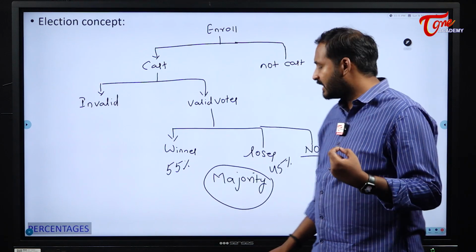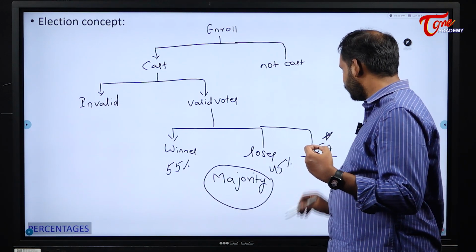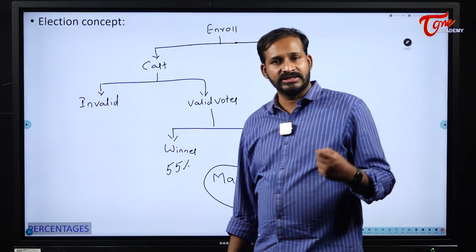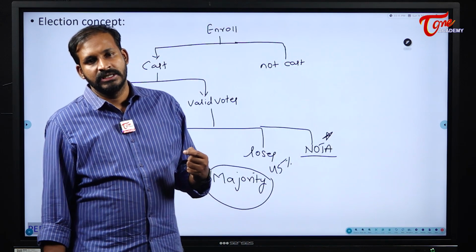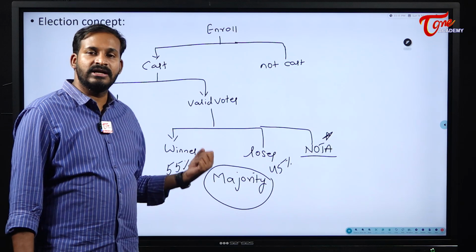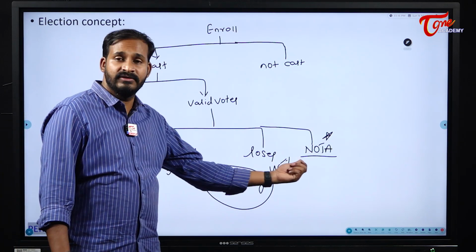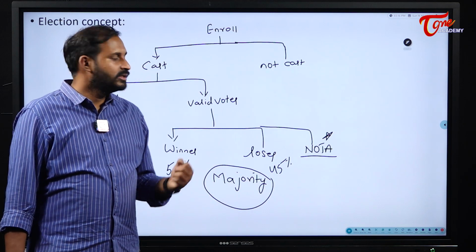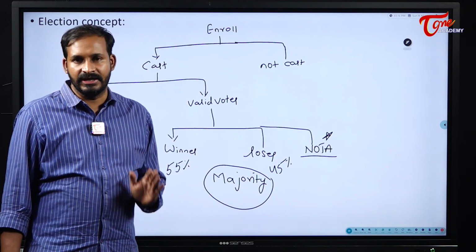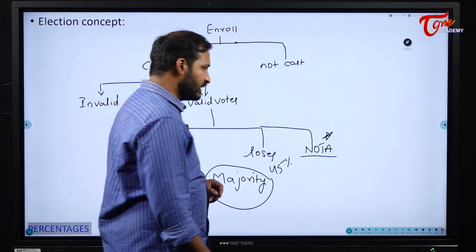Students, very rarely they ask, but we should be ready for this question also. NOTA is actually considered a valid vote. In the valid votes itself, we will see NOTA as an option. That means he will not vote for these two candidates and he will vote for NOTA. So everything is considered as valid votes. Remember these things very carefully.